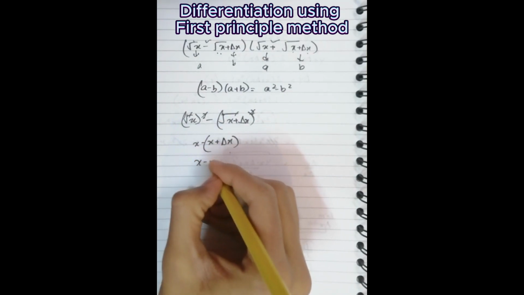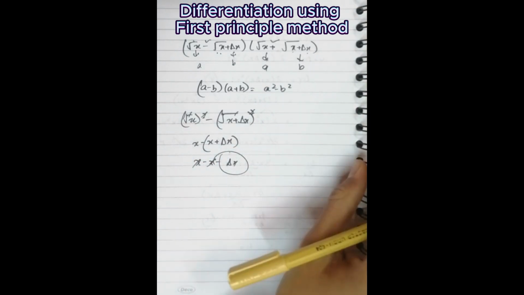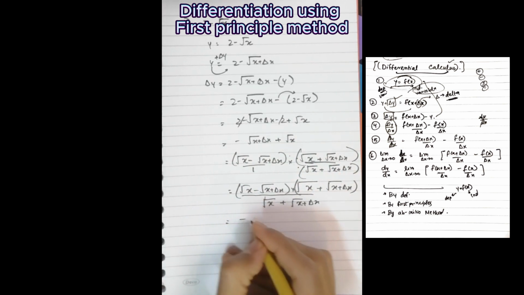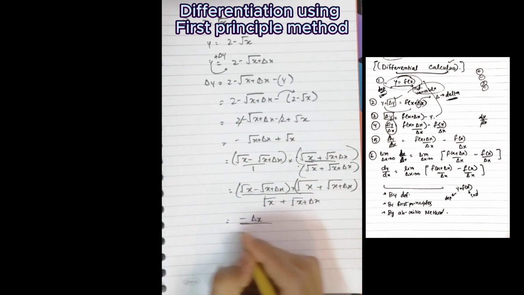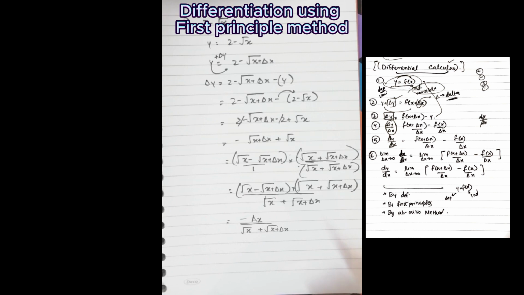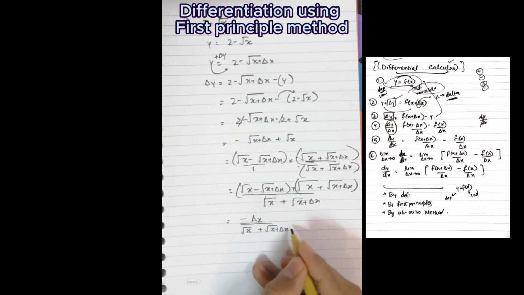Now x minus x plus delta x, so what is remaining over here is minus delta x. After simplifying this numerator, I get minus delta x, and now in the denominator I have root x plus root x plus delta x. Now if you see, going toward the fifth step, I can cancel the delta x if I bring it down over here, right?